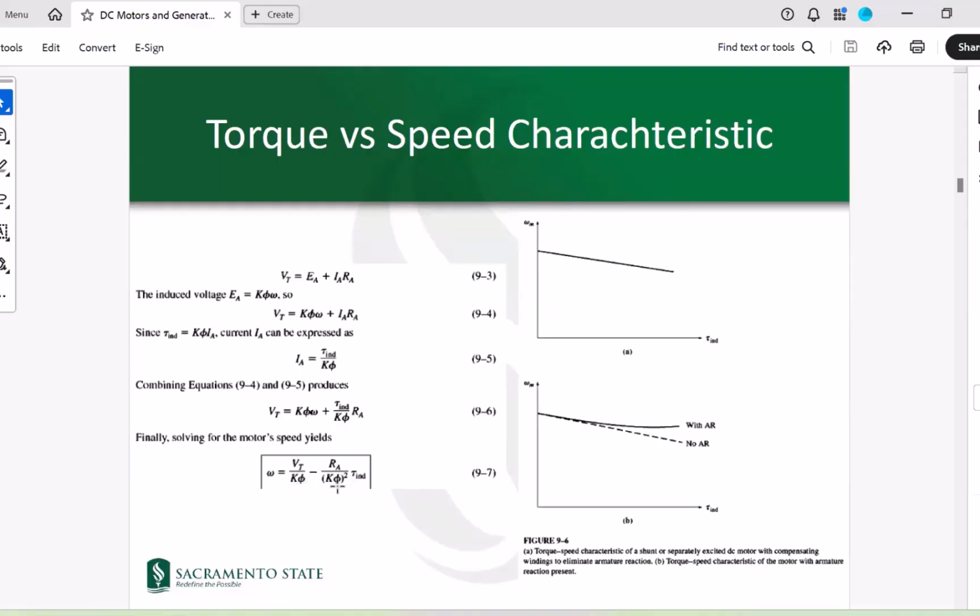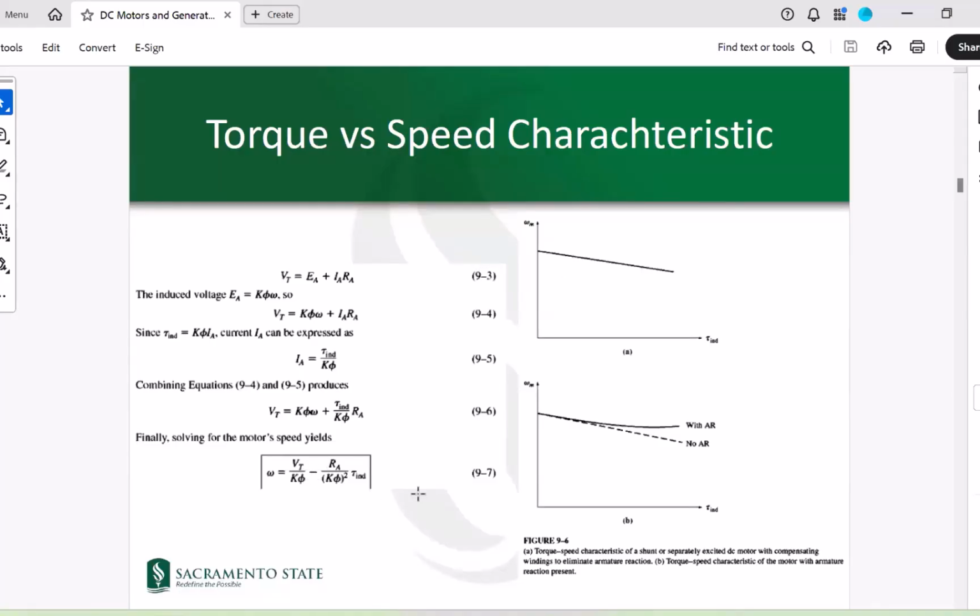If you consider phi to be constant, which means that you're neglecting the armature reaction, then you have two constant coefficients, which explains why omega m is linear with respect to tau induced, and the negative slope is because of this negative sign.